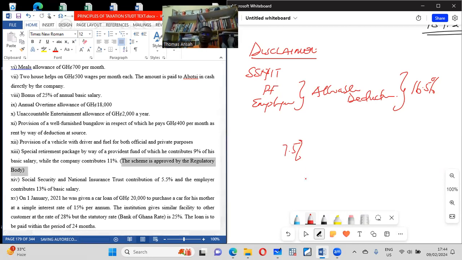And since it's approved, we did all of them. So both of them are allowable deductions. But these two also are added up there. Not the one that the employee pays, the one that the employer pays. The employee too will deduct the 5.5 and the part of the provident he pays himself. All right. So ladies and gentlemen, thank you very much and have a good time.